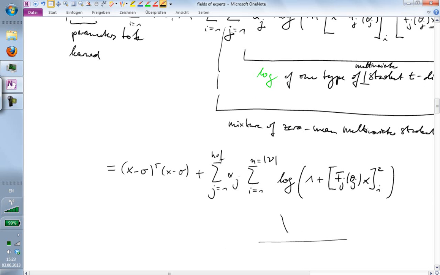So for a Gaussian Markov random field, we had a parabola, and here we would have something that grows more like, depending on what power we use, but it would be something that grows linearly for large values of x, or large differences between values of x.